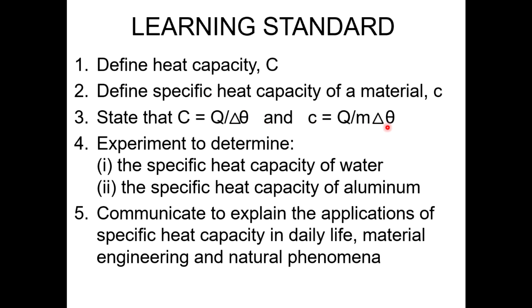Later I will explain in more detail. And then to do an experiment to determine the specific heat capacity of a liquid, which is water, and to determine the specific heat capacity of a solid object, which is an aluminium block. And then finally, we communicate to explain the application of specific heat capacity in our daily life, in material engineering and also in natural phenomena.